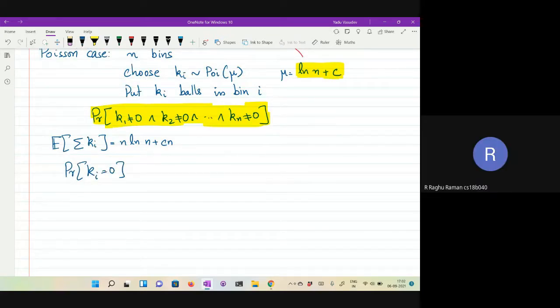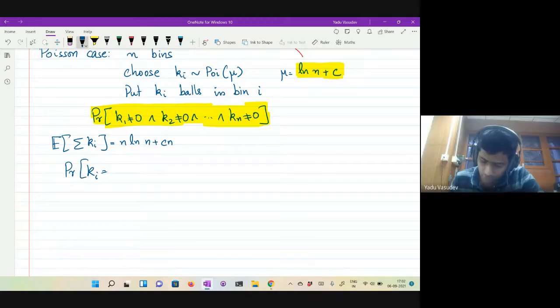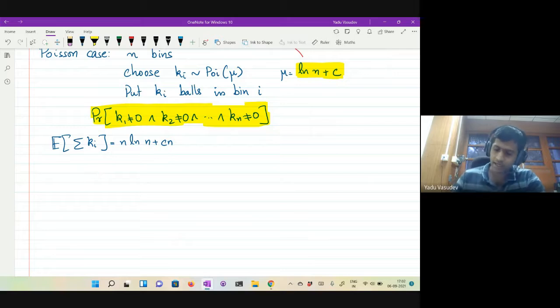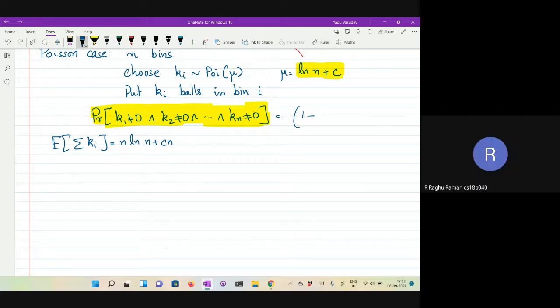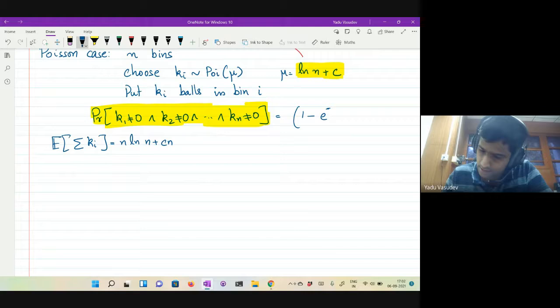One minus e to the power minus mu, whole power n. Yeah, you're talking about this whole thing, right? One minus e to the power minus mu, whole power n, where mu is ln n plus c, whole power n. Is that what you're saying?